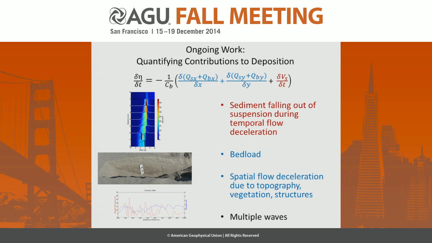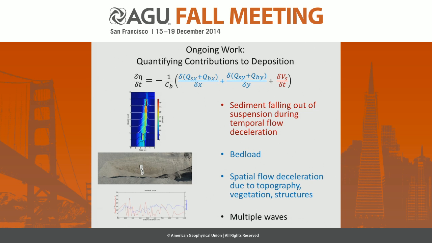So to recap, we've looked across depositional environments and tsunami events at the deposit thickness flow depth relationship, and we've seen several variables that can be very important outside of flow depth in determining that relationship.